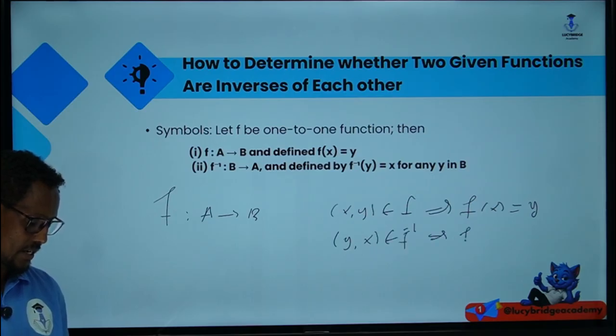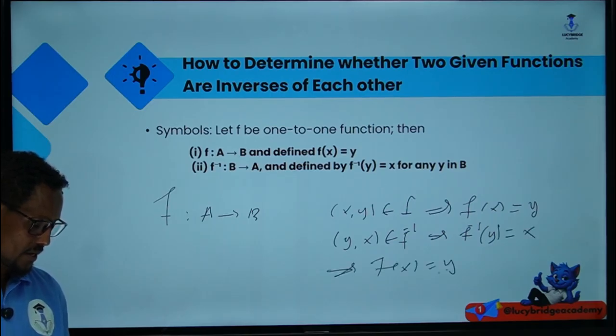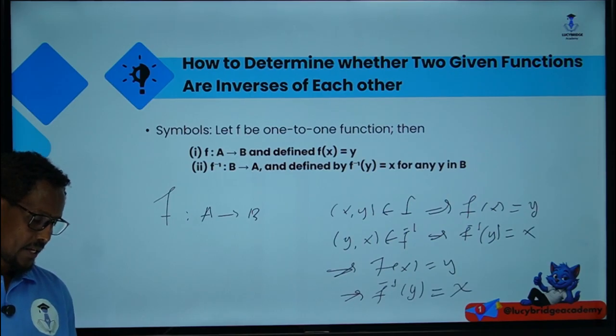This implies that f inverse of y is equal to x. That means f of x is equal to y means f inverse of y is equal to x.